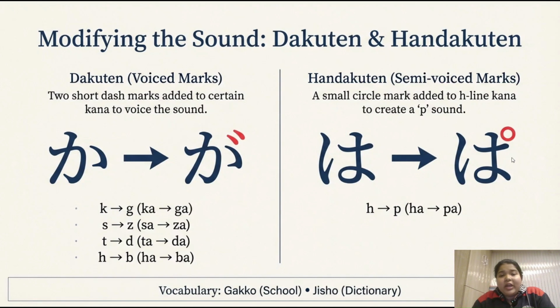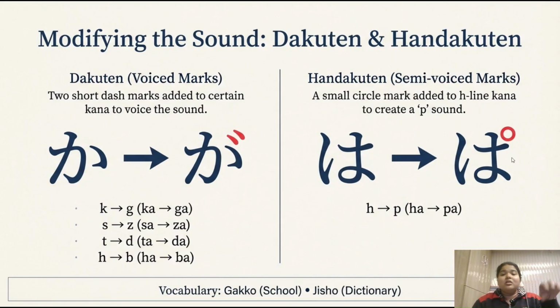Now Dakuten and Handakuten are two different marks that you can see over here. When the two short dashes, or should I say two apostrophe-like commas, are attached, it changes the sounds.